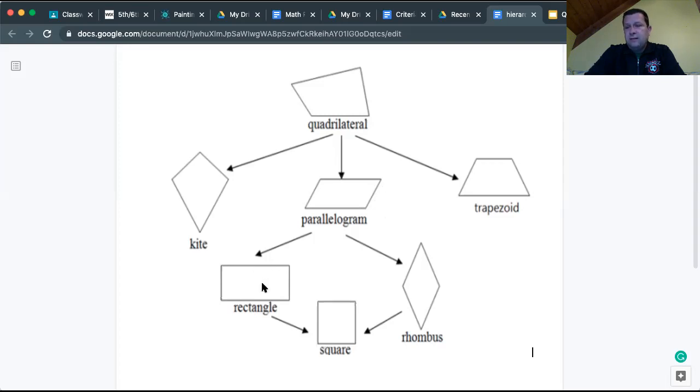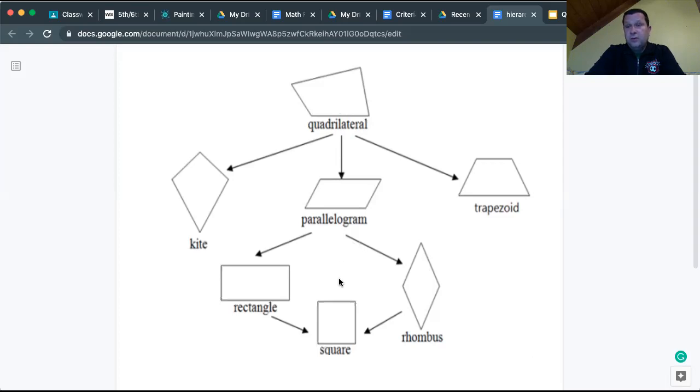Does the rectangle have that? Yes. So a rectangle is also a parallelogram and is also a quadrilateral. Now it is not a rhombus because what makes a rhombus a rhombus is four equal sides. So a rectangle is not a rhombus, but a rectangle is also a parallelogram and a quadrilateral.